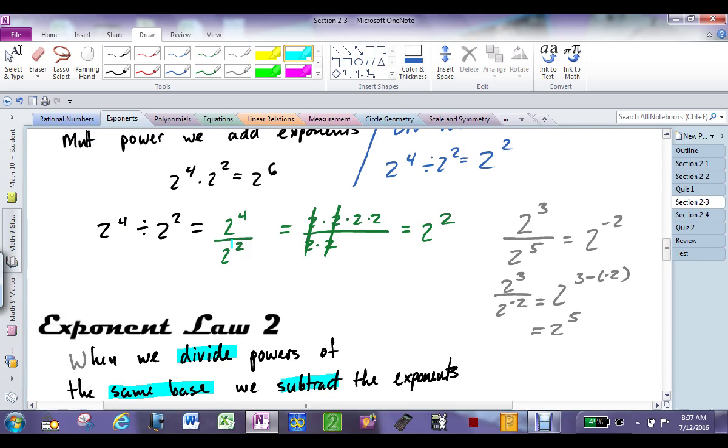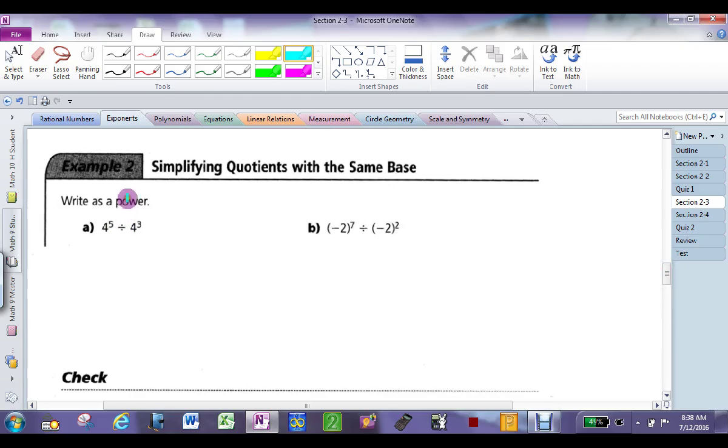If you understand that 2 to the 4th, 2, 2, 2, 2, divided by 2 squared is 2 squared, and you understand canceling, you don't need to know the laws, do you? Because that's just the way math works, which you already know from grade 6, even though you don't think you know. Cool?